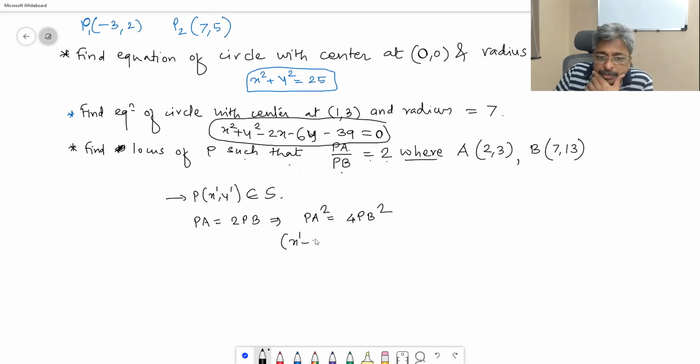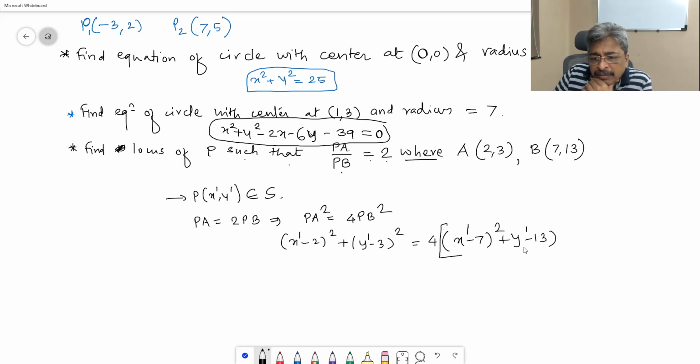So (x' minus 2) square plus (y' minus 3) square is equal to 4 times (x' minus 7) square plus (y' minus 13) square. Practically this is the algebraic equation that you have, and if we simplify this, we get the desired locus. You simplify and then finally you will get 3x' square plus 3y' square.